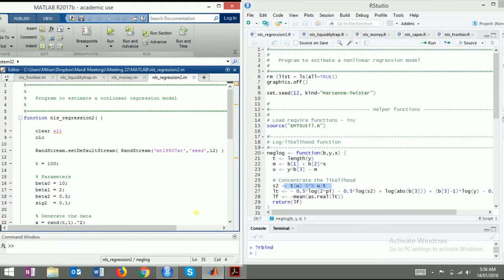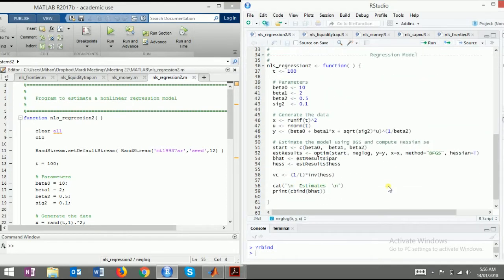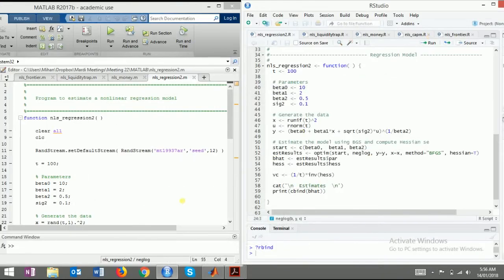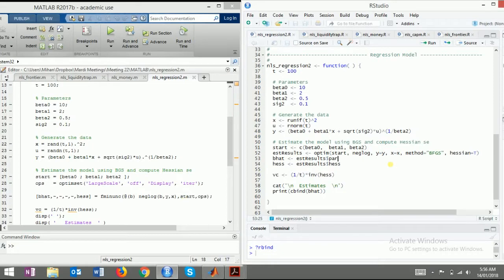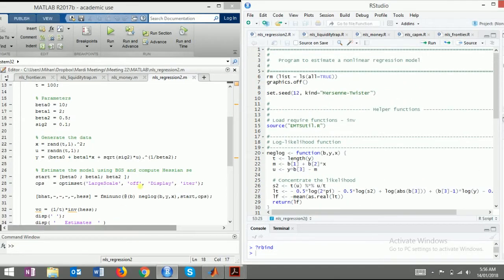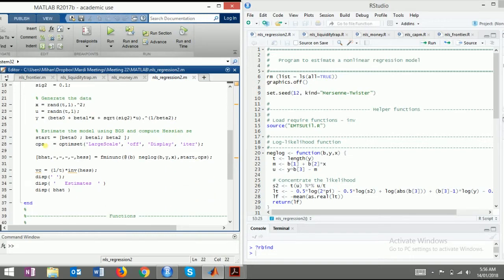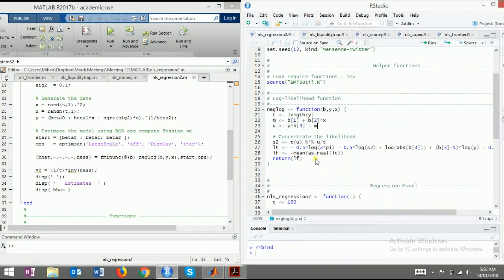Basically, if we take the log likelihood function on the equation, then we are left with that, that's all. Log of beta 3 minus 1, so basically this equation, and then we specify the parameters, we generate the data, and then we calculate y and then we simply do optimization. There are no tricks here. That's all. We want our information to come as real values.